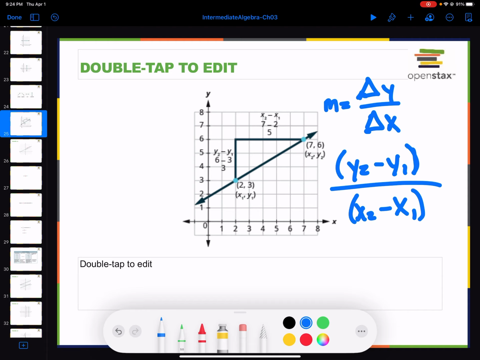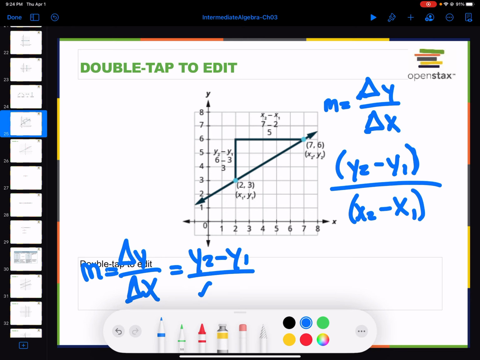So let's calculate the slope for this one. We've got m equals the change in y over the change in x, which is y2 minus y1 over x2 minus x1. So our y2 is 6. Sometimes you'll want to go ahead and put these in parentheses, especially if it's a negative.